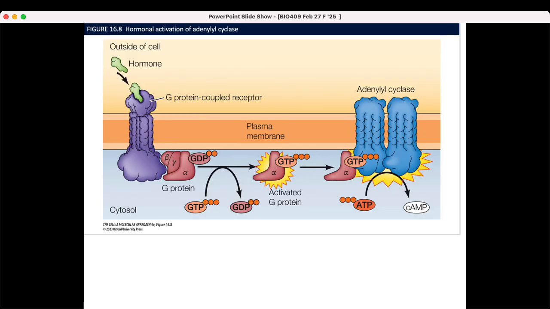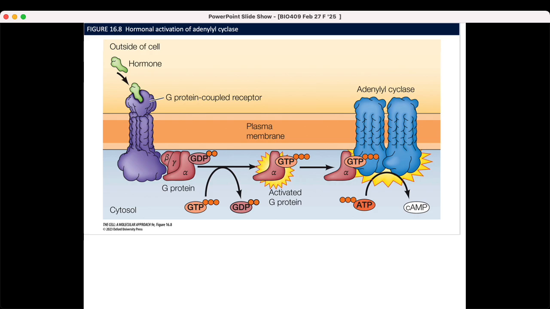Here's how they all function: they bind an extracellular ligand, and then they're activated, and they activate a trimeric G protein. It just means it's got 3 subunits. Who cares, right? There are lots of details, but for our course, it's the same story. G proteins start out inactive, bound to GDP. Then they exchange GDP for GTP and are active.